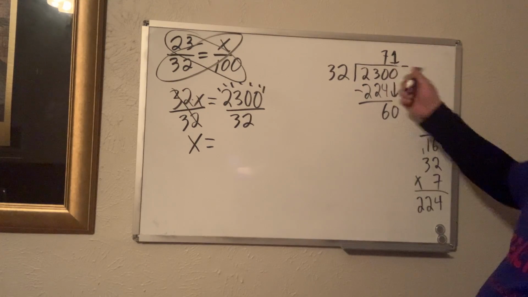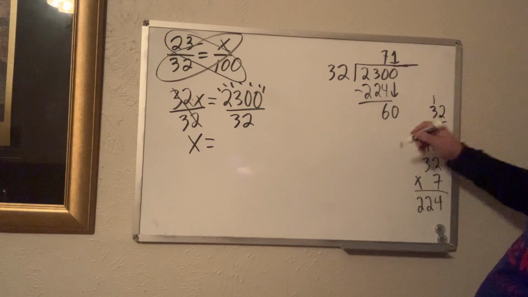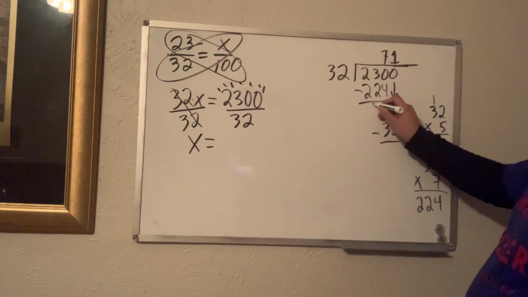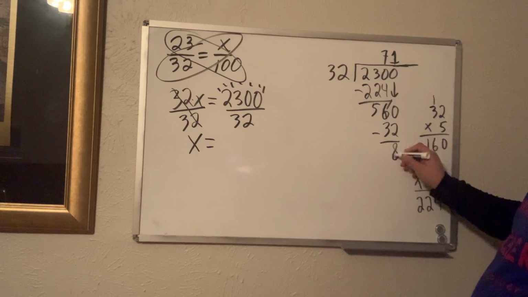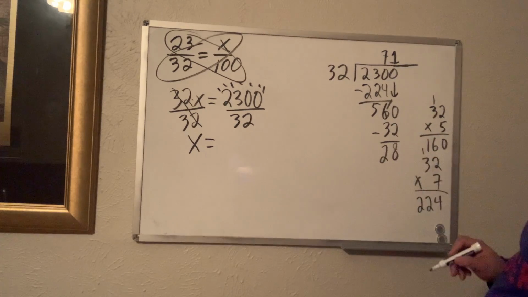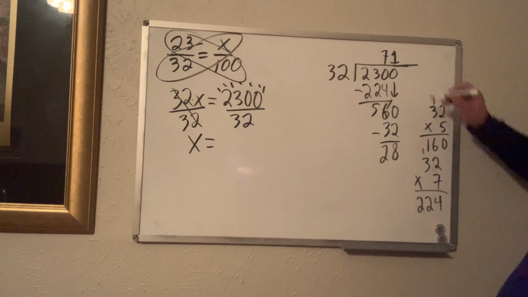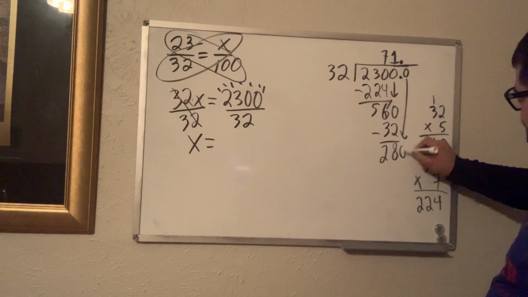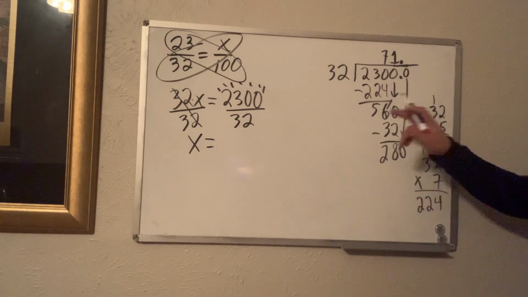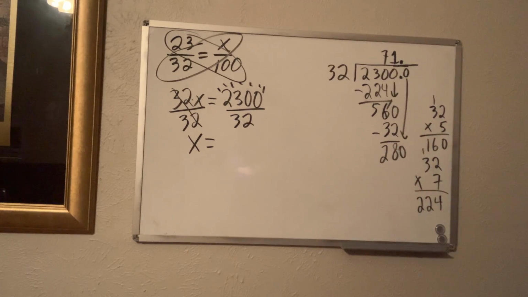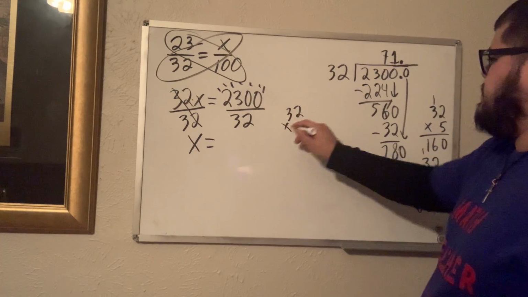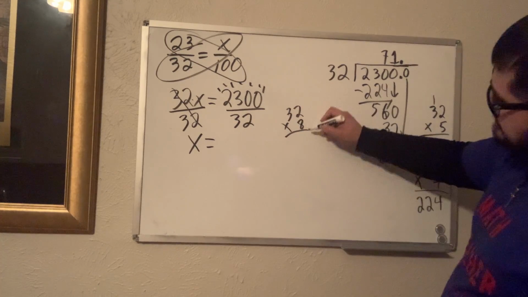So right now we have 71. 32 times 1, we get 32. Subtract. 10 minus 2, we get 8. 5 minus 3, we get 2. We end up with 28. Let's line up our decimals. Bring down a 0. 32 into 280. Let's try 8. 32 times 8. 2 times 8, we get 16.